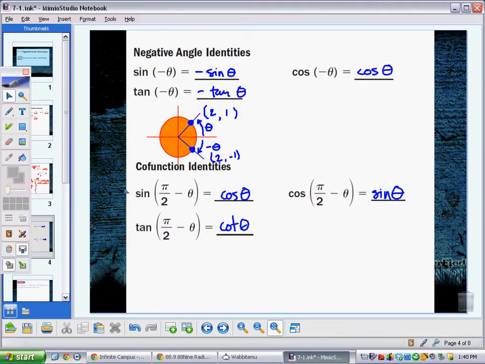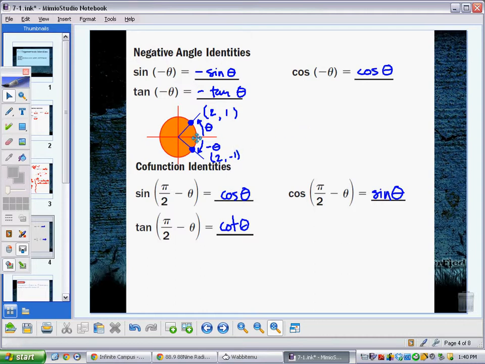The next set we have here are the negative angle identities and the cofunction identities. To briefly review what those are about, we have the sine of negative theta being equal to the negative sine of theta. And the reason for that is this. If we take a jog back in our memories, the sine of an angle is related to the y value on the unit circle.